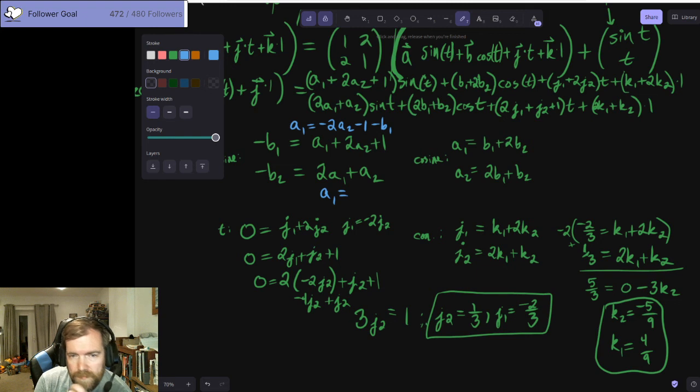A1, you know what? Fine. 2A1 is going to be negative A2 minus B2. So negative 2A1 is going to be positive of those. So up top, this is going to be negative 2, that's A2.